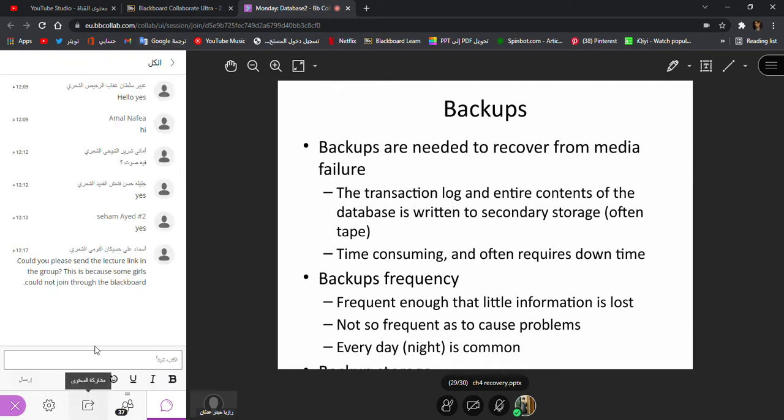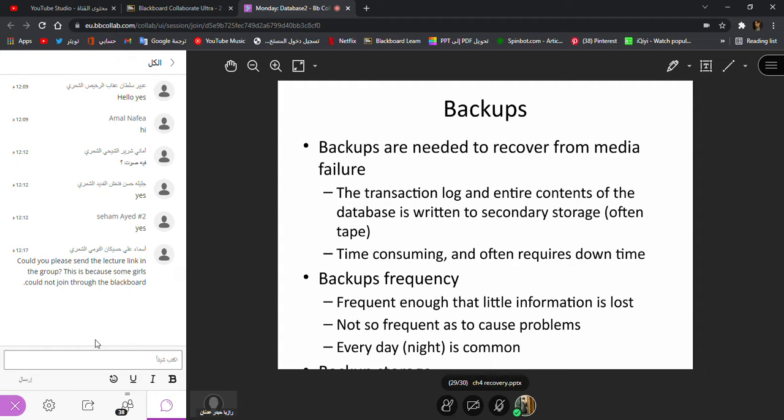What I was saying is that, yes, it is time consuming to make backups because you have to copy all your contents on another disk, and that will require some of your time. Backup frequency means how often you need to make your backups. They should be frequent enough that you do not lose any important information or updates from the database.